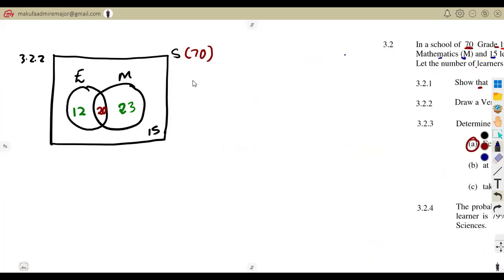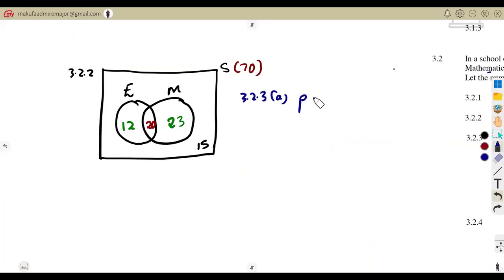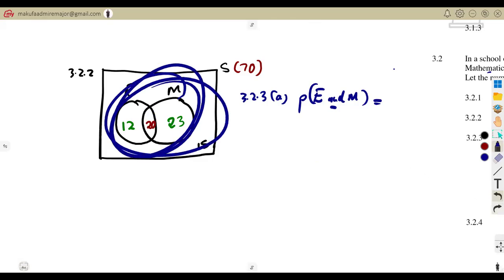So on this question of 3.23, part A, we need the probability. We are saying economics and mathematics. This is the intersection. How many people are there? These are not probabilities, these are numbers.